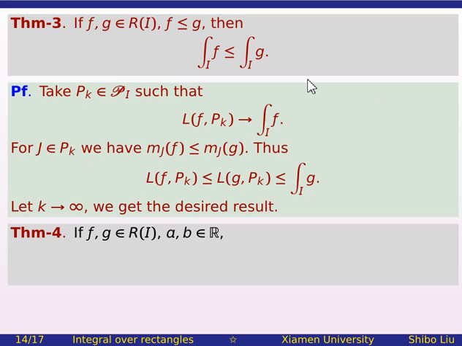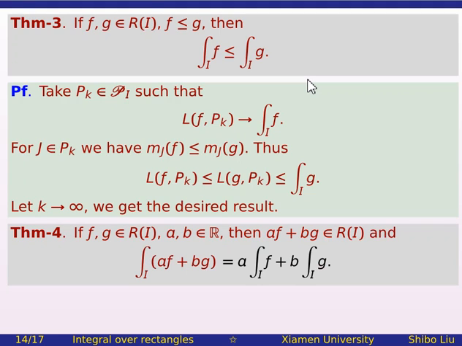And if the linear combination is integrable, what is the relation between the integral of the linear combination and that of f and g? The result is that the linear combination is integrable, and the integral of the linear combination is the linear combination of the integrals of f and g.